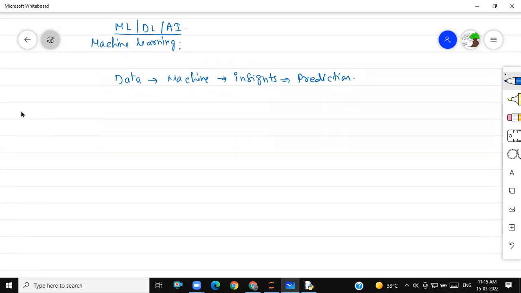Now, coming to this process, the machine is going to learn the data. But how does the machine learn the data? That is what we discussed: the machines learn using some kind of algorithms.